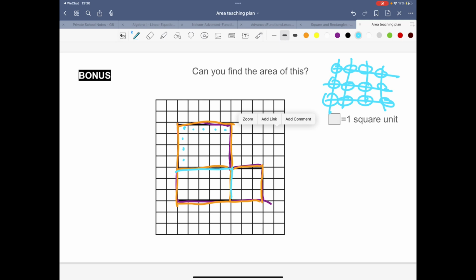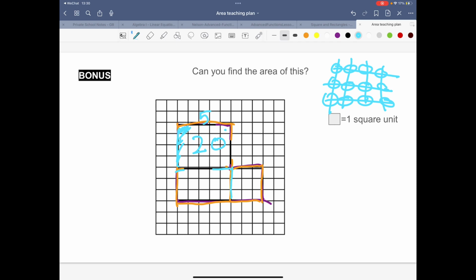And we don't need to care about these parts. We just need to care about these parts. So there's 4 square units on this part and 5 square units on this part, which means that 5 times 4, and you know what that is? It's 20. So this whole thing is 20.